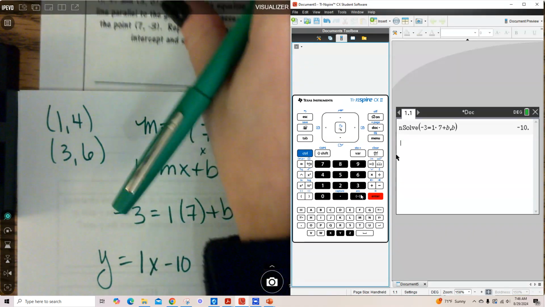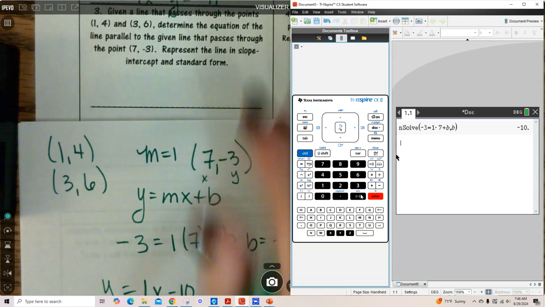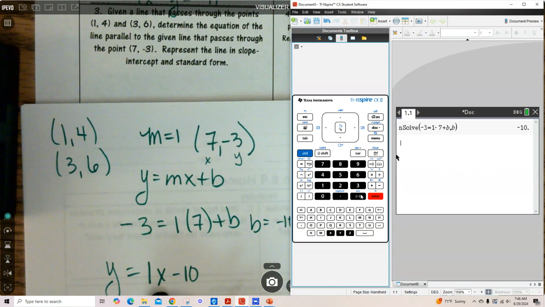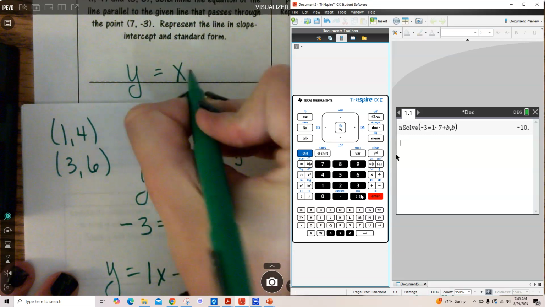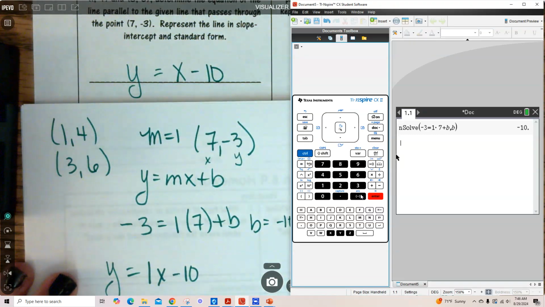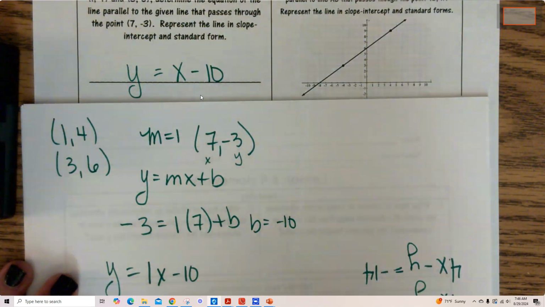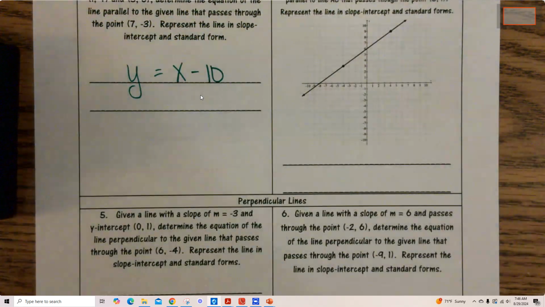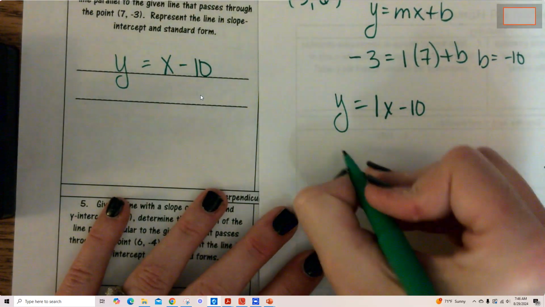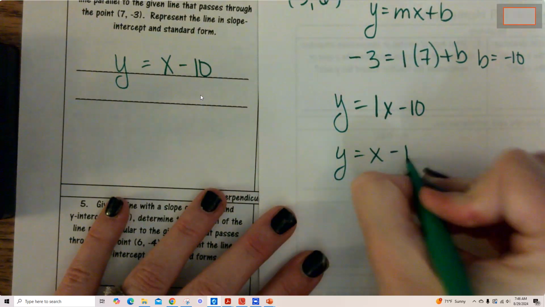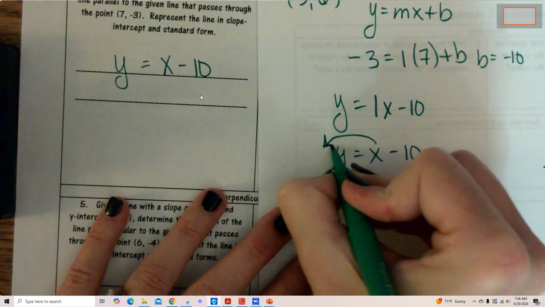Now remember, when we write this one, we're not going to put that 1 in front of the x. We're going to write it as y equals x minus 10. Now that we've done that part, we have to change it to standard form. Remember, we need the x's and the y's together.